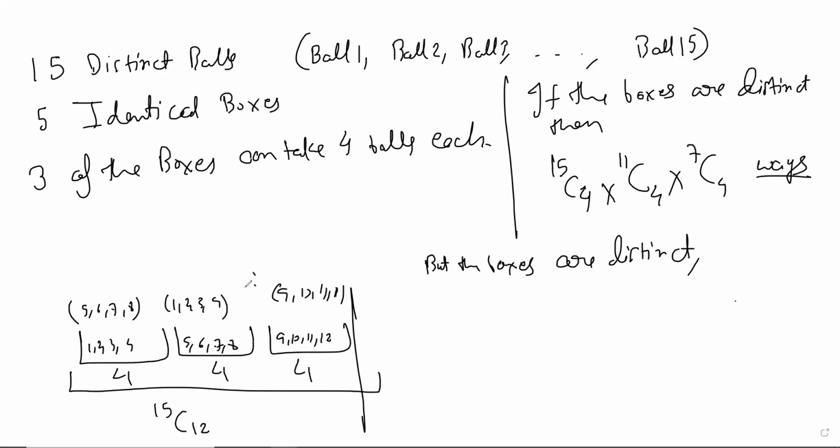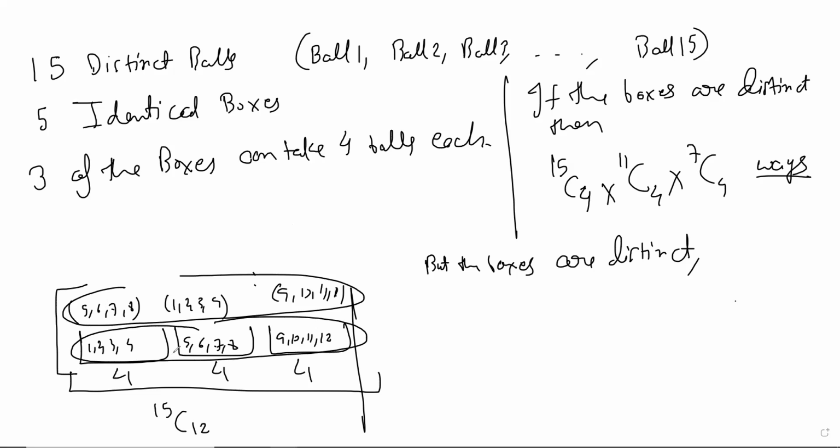These 2 are different: this distribution and this distribution are different. What have I done? I've taken this distribution D1 and just shuffled it and got a distribution D2. In this way, I can do 3 factorial shufflings, and I can get 6 different distributions in the distinct case.